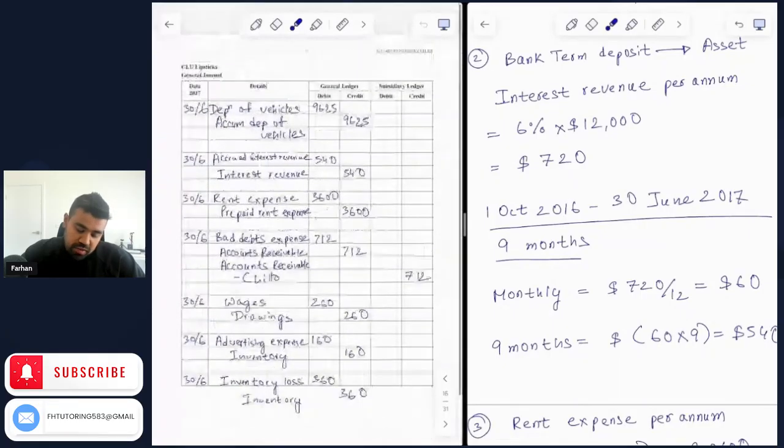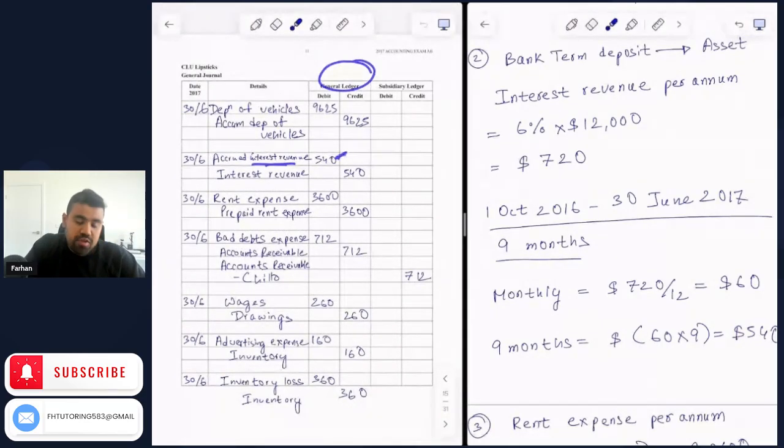You can see that we are debiting accrued interest revenue within the general ledger on the debit side, which is also known as the interest receivable. This is because the interest revenue is an income, and we as a business have made this investment in the bank, and we expect to get some interest in the future.